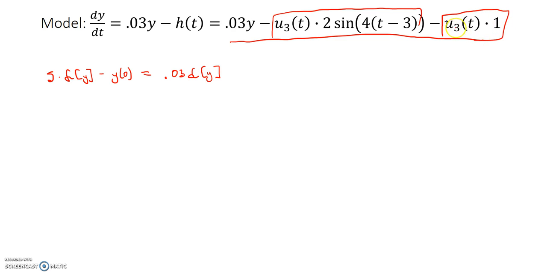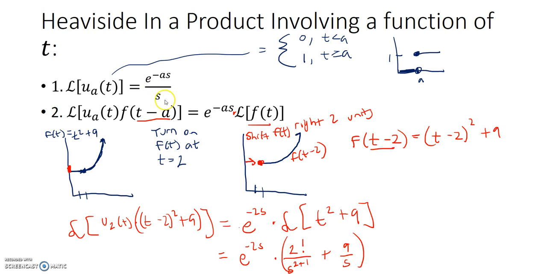Now, this is just minus the Heaviside, and the Heaviside, we know that it is e to the negative as over s. So e to the negative 3s over s. And that's going back here to our slide, e to the negative as over s.